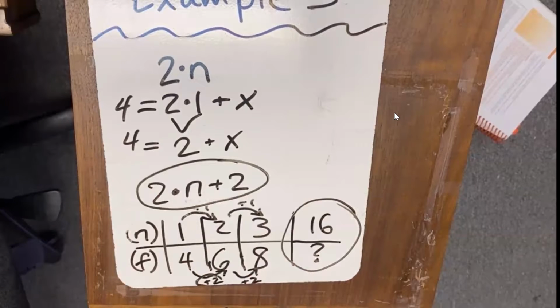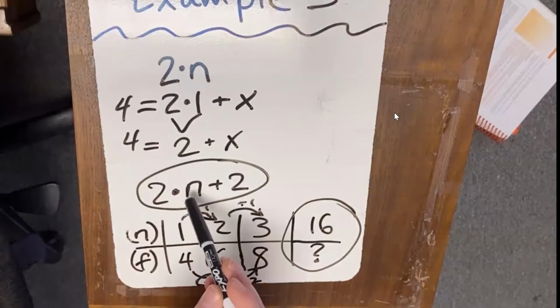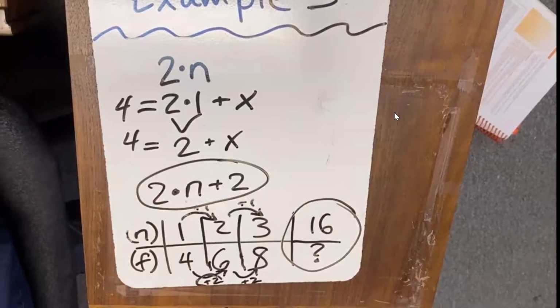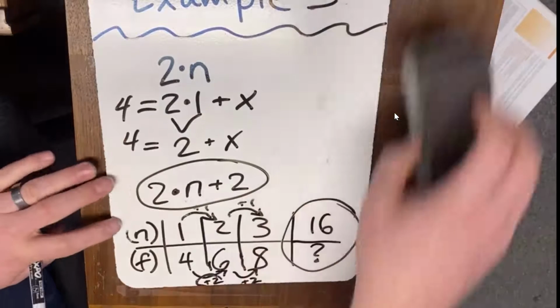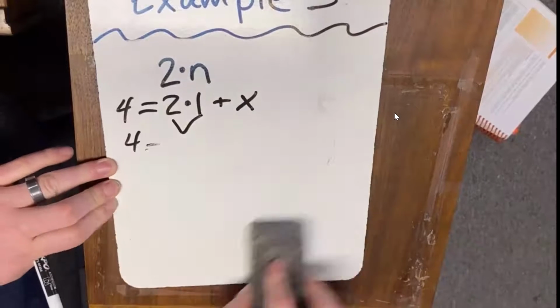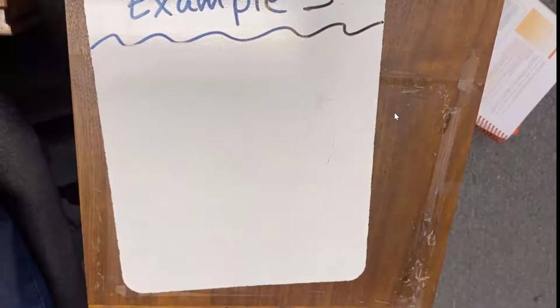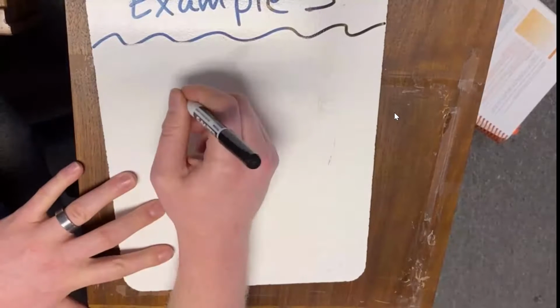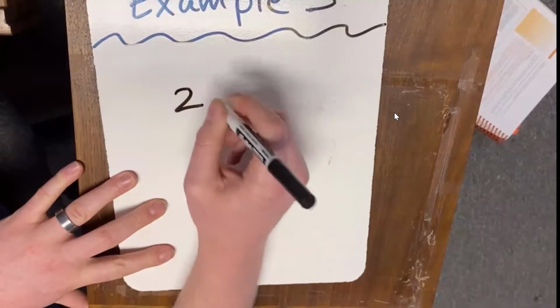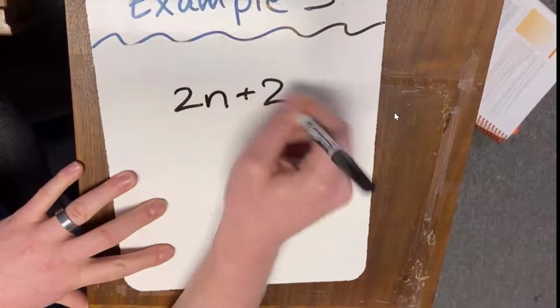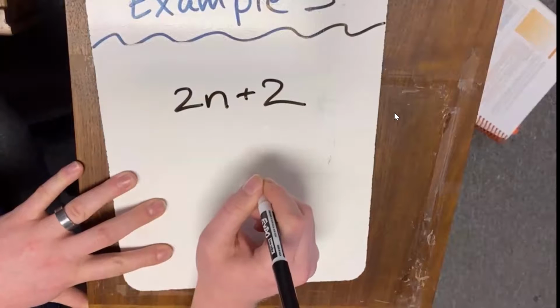So another way of trying that out: what I need to do is plug in a number for that. We need to figure out 16. So my equation here, 2 times n plus 2, I need to plug in 16.